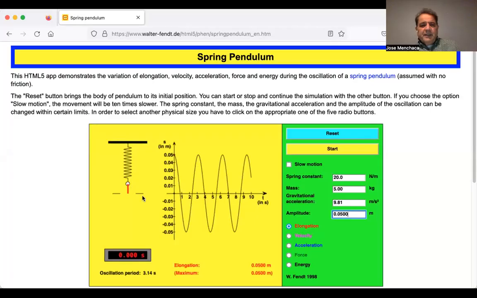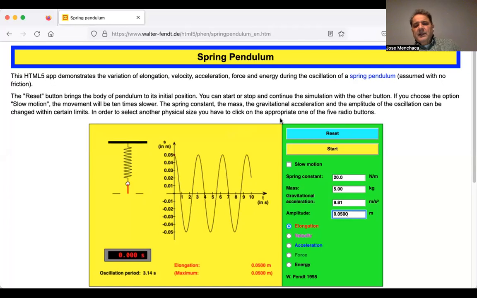Okay, we're in part two of chapter 19 on vibrations and oscillations. I'm going to start with another Walter Fenton demo, but instead of a swinging pendulum, now we're going to use a spring pendulum.